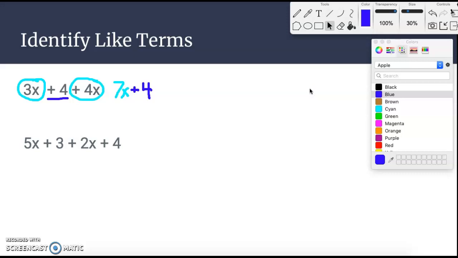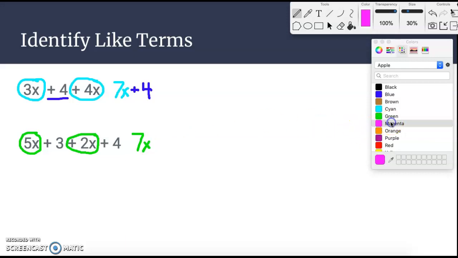5x plus 3 plus 2x plus 4. Again, I'm going to start by picking out my terms that have variables. So I see a 5x, and that matches this 2x that's positive back here. So again, I'm just going to combine coefficients. 5 plus 2 is 7, and then it has an x with it, so 5x plus 2x is 7x.